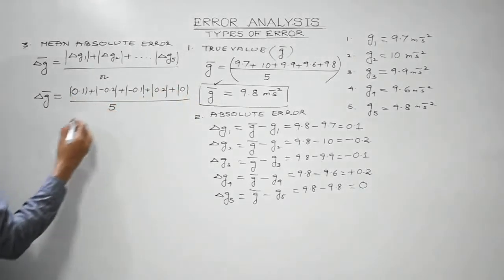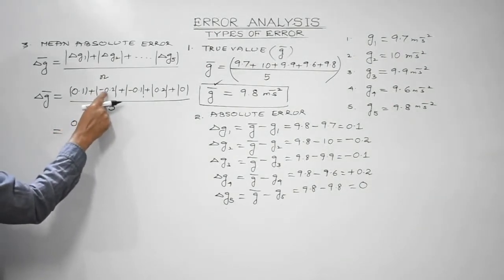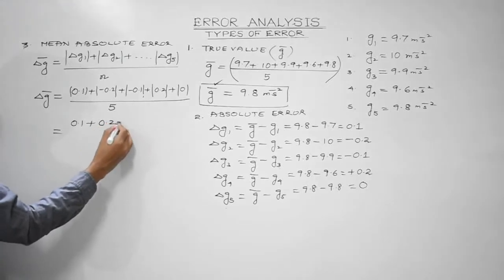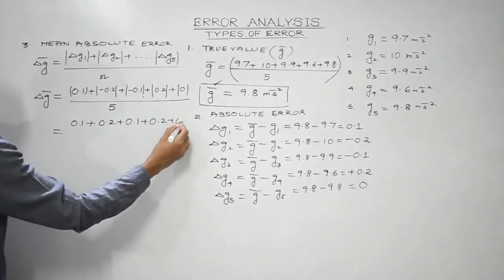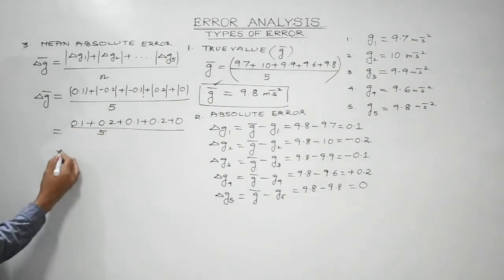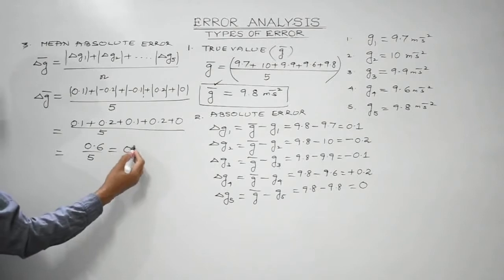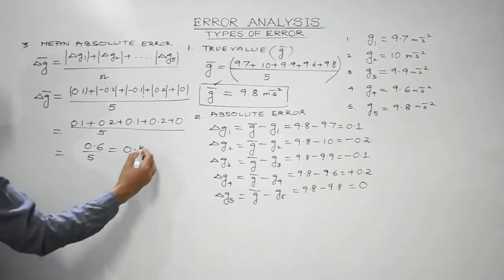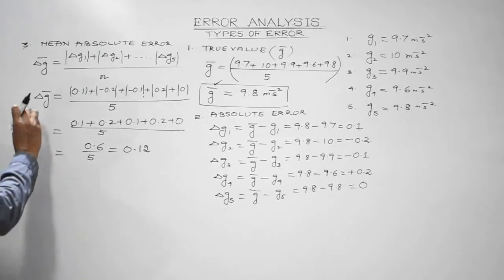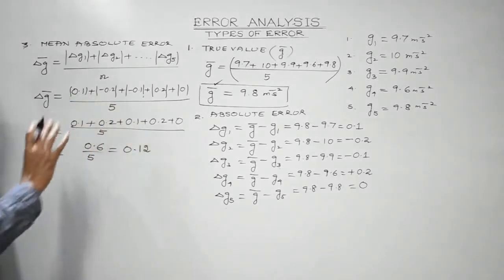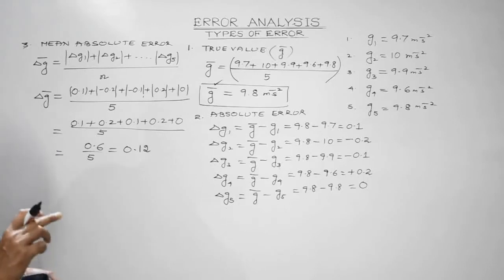So, mod of minus 0.2 is 0.2. Mod of minus 0.1 is 0.1. So, what do you get is 0.6 divided by 5. So, that will give you 0.12. So, students, this is the mean absolute error in the determination of the value of small g.